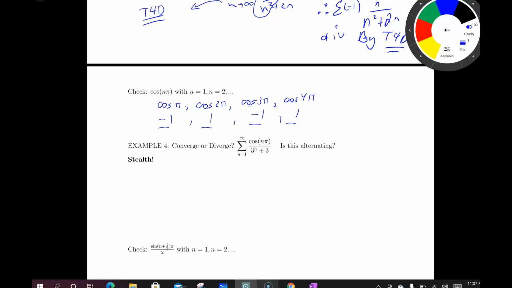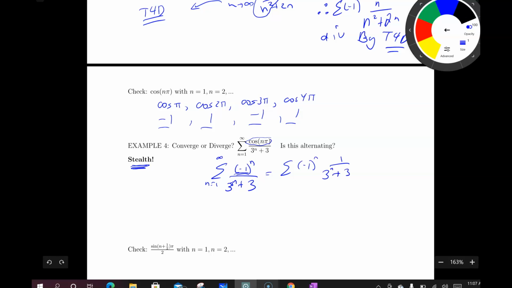It is. So I'm just going to use the keyword stealth. So this is an alternating series. So this can be rewritten as this, right? I can take out cosine of n pi and put in (-1) to the n. So since this is an alternating series, and I'll just write it with the (-1) to the n off to the side, I ask myself the questions about AST.